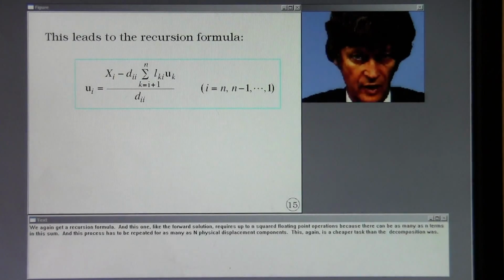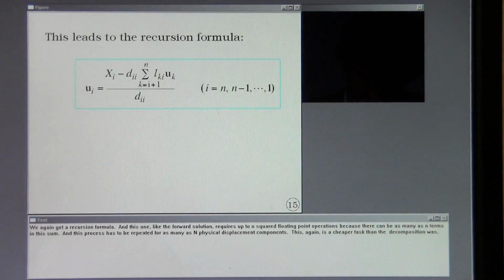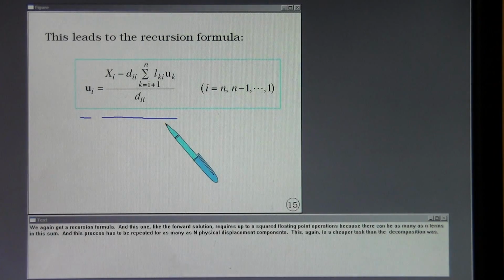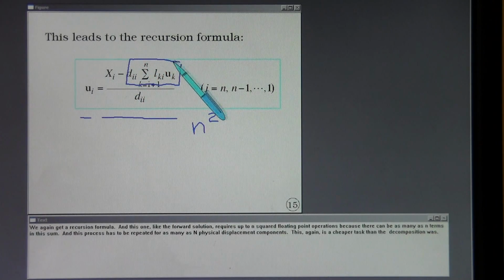We again get a recursion formula. And this one, like the forward solution, requires up to n squared floating point operations, because there can be as many as n terms in this sum, and this process has to be repeated for as many as n physical displacement components. This again is a cheaper task than the decomposition was.